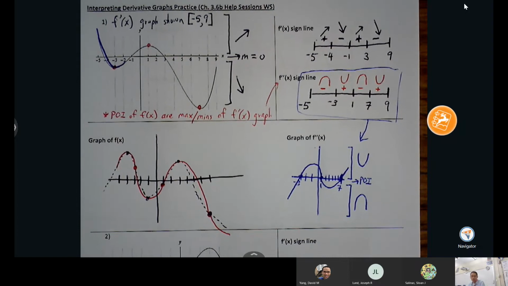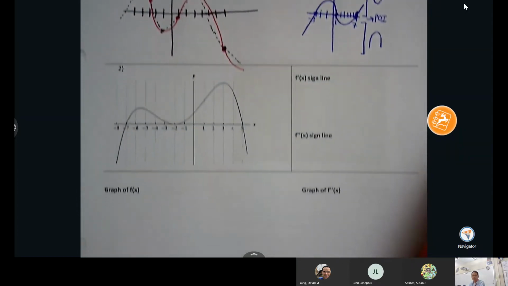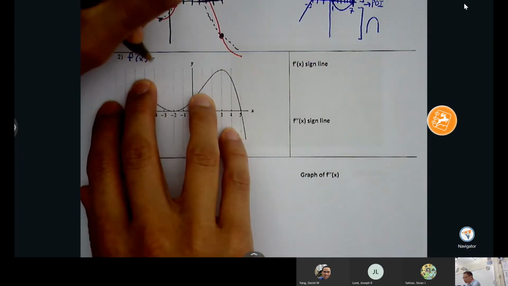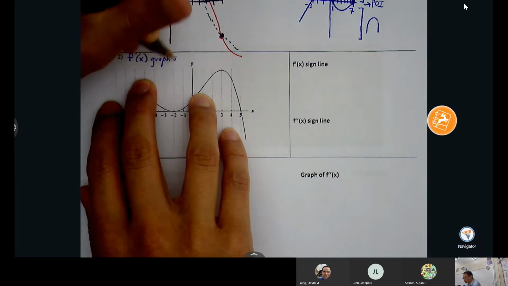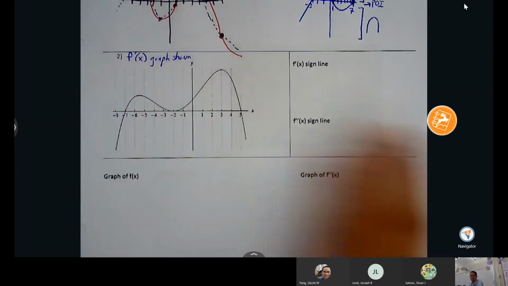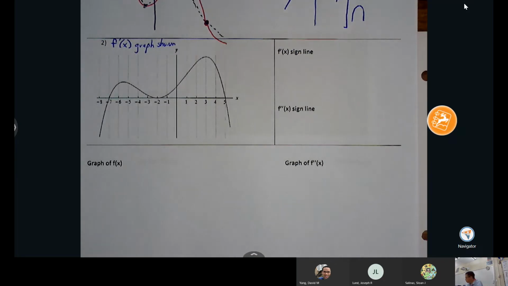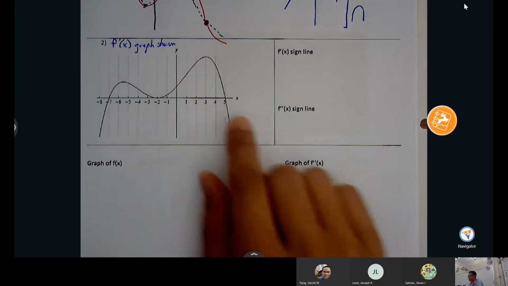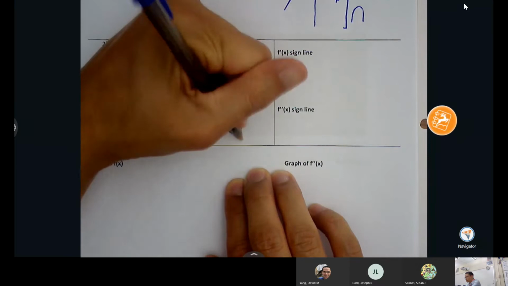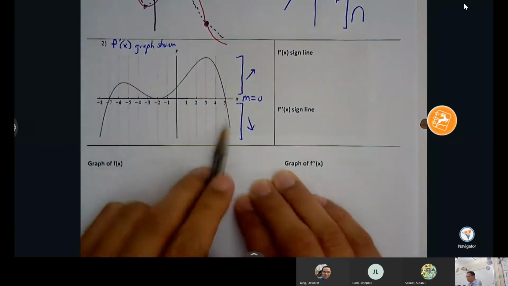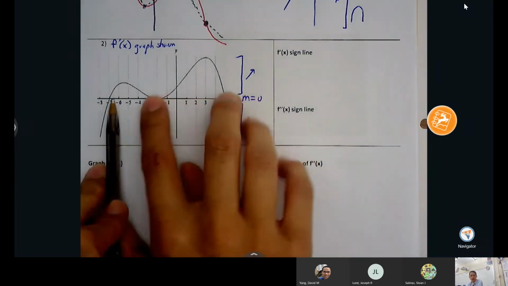All right, let's try number 2. Same thing. The f prime graph is given. Okay, so I'm going to mark off what I'm dealing with here. Focus in on my x-intercepts.